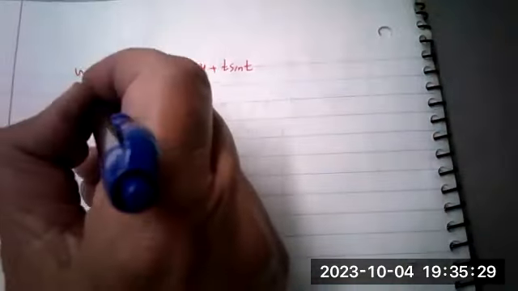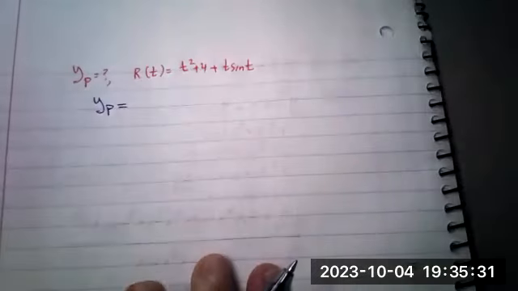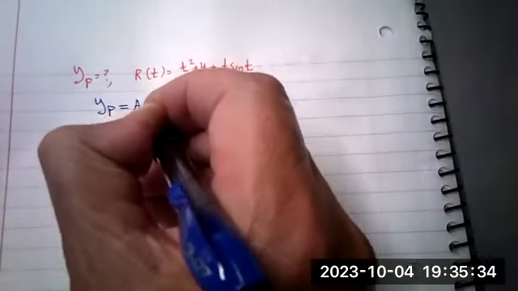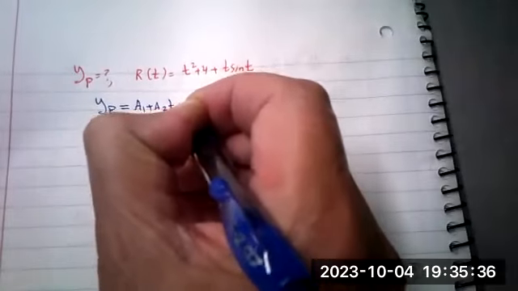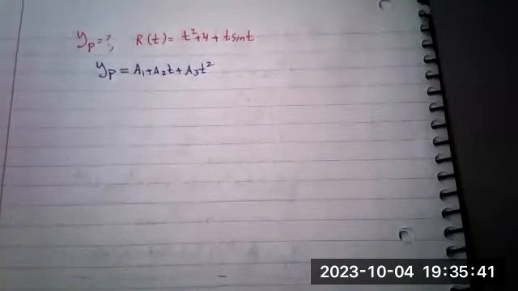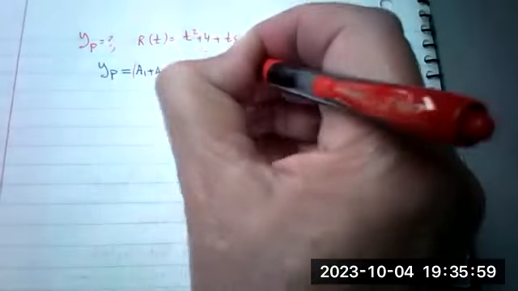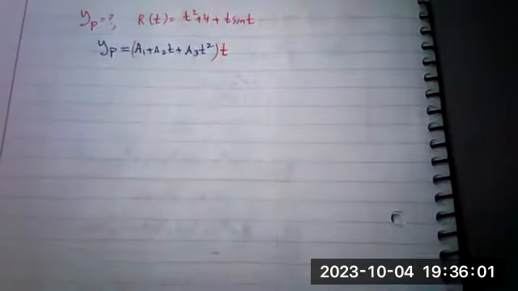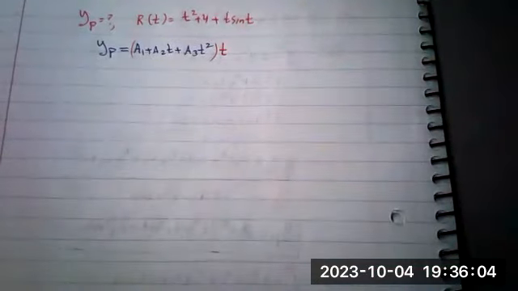So your YP would be a complete quadratic, like A1 plus A2 t plus A3 t squared. That's quadratic. You go back to see if there is any duplicated term. There is one, remember, we get the C1 in the YC. We get e to the 0, the constant term, which is C1. So we have to upgrade it, multiplied by t. Now there is no duplicated case.